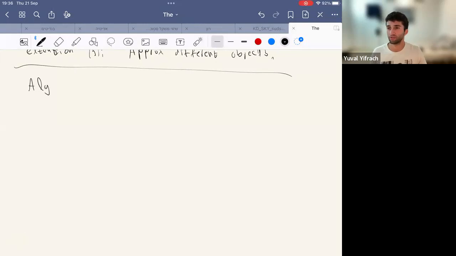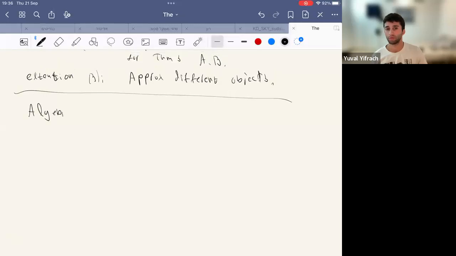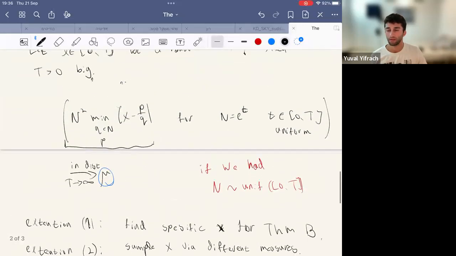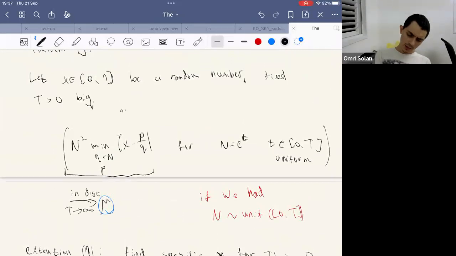Sorry, can I ask a question? I don't know if it makes sense, but what about changing the way you randomize t to randomize the n? It makes sense. I believe it will be similar, unless you do something bad, like if you take not the measure of n but the measure of log n and it's too concentrated, then I believe it will be wrong.